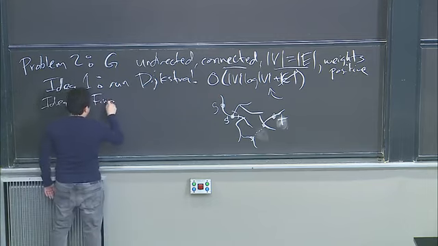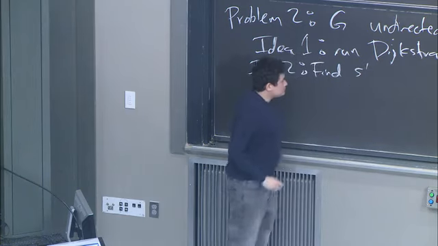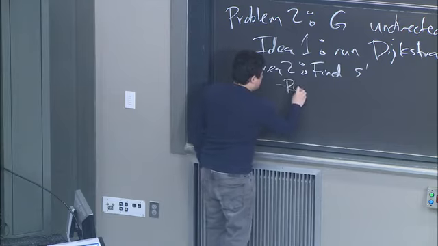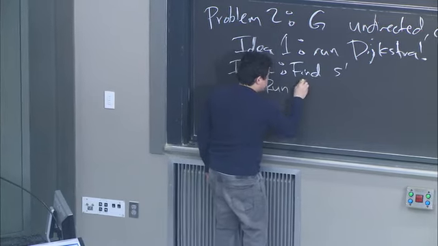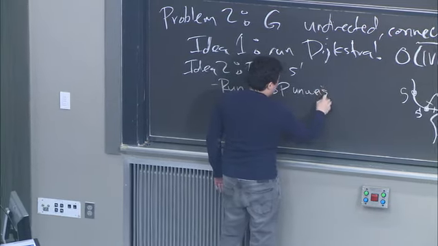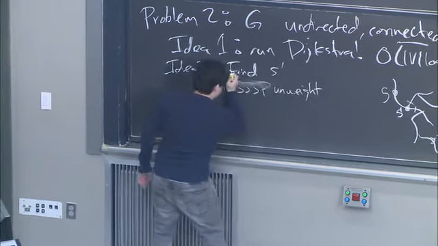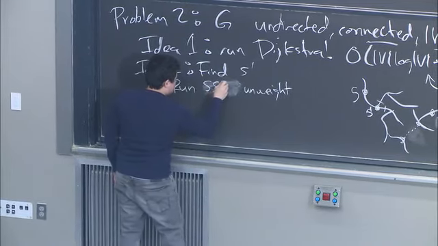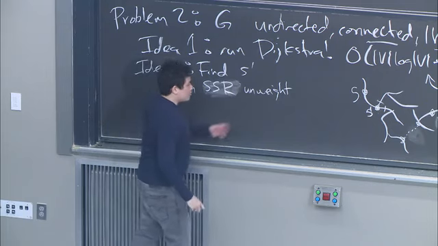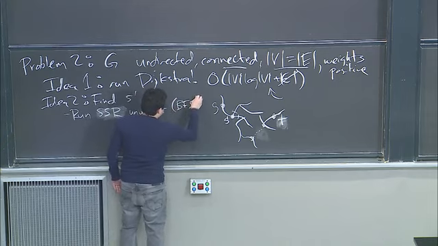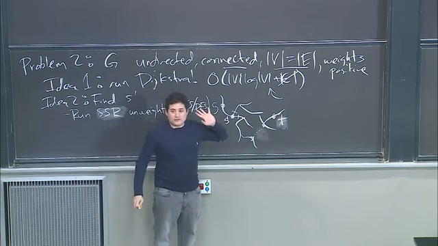Algorithm, idea 2. First, find S prime. I can find S prime by running a single source reachability, unweighted, from S using BFS or DFS to explore a tree of my graph.